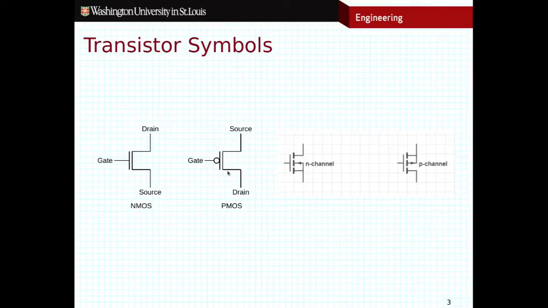You're more likely to see symbols that look like this, and I would prefer, if you have the option, that you use these symbols to represent NMOS and PMOS transistors if you're using the computer to design your circuits. It's good for us to keep things consistent so that I don't have to guess whether you mean an NMOS or a PMOS transistor, so that it's entirely clear which one you're actually intending to use. So that's the deal when it comes to transistors.